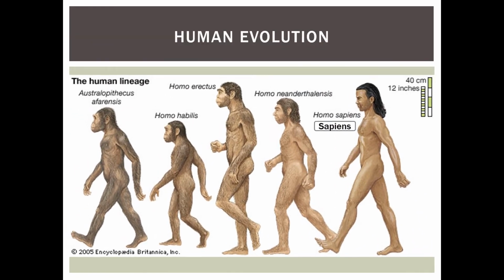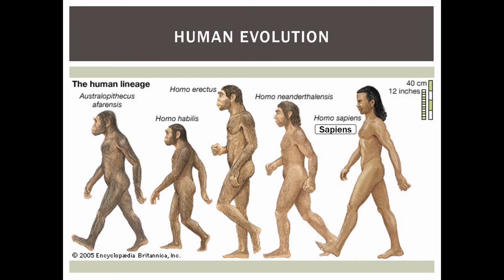So when we say human evolution, this is the evolutionary process of human beings developing on Earth. And human evolution is not only human or biological development, but there is also cultural development in human evolution.